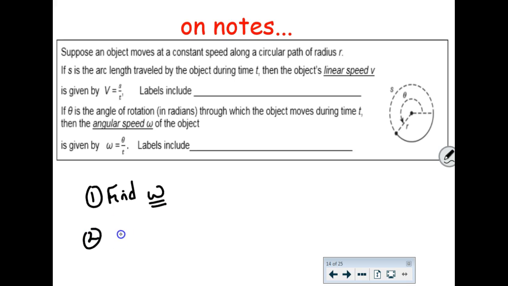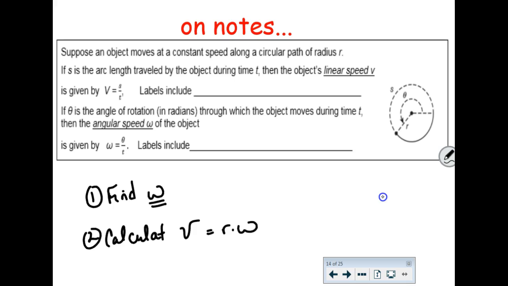And then the second thing you're probably going to do, not always, but often, is calculate the linear velocity by using r times omega. So it makes sense that you find angular velocity first, and then use it in the next step. I'm not saying every single problem, guys.